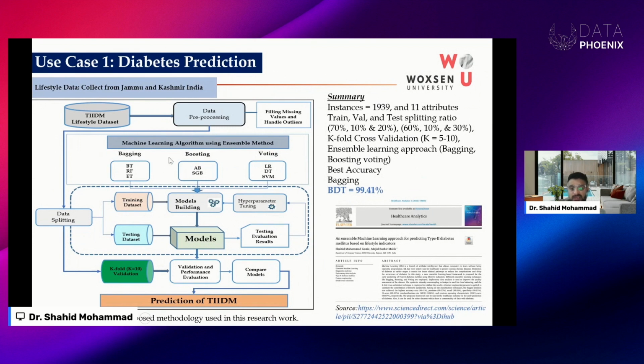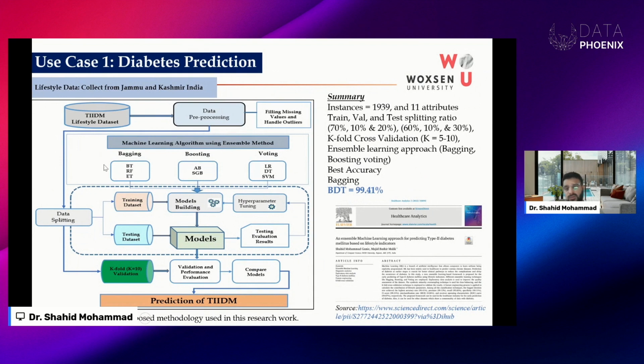These are three methods of the ensemble approach we used in our research. In bagging, we used bagged tree, random forest, and extra trees. In boosting, we used AdaBoost and gradient boost as well. And in voting, we used logistic regression, decision tree, and support vector machine. These are all the classifiers that we used.